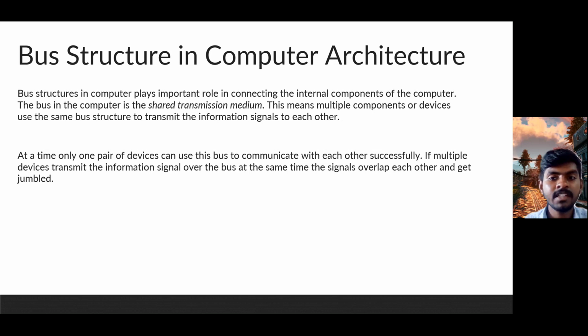This means the bus structure is very important and crucial for the devices as they share and transmit the signals, which are data signals or some control signals, such as the input and output signals for input and output devices.